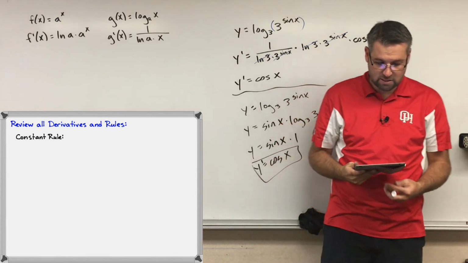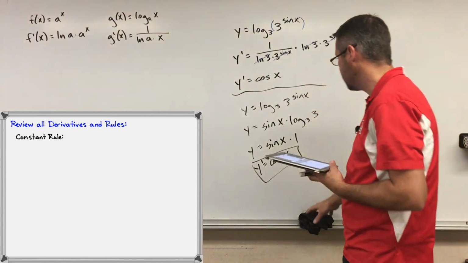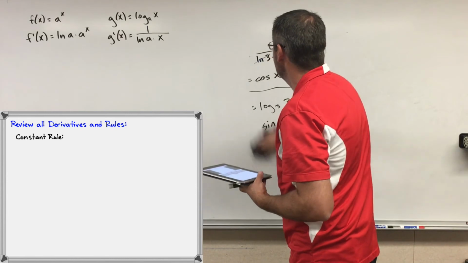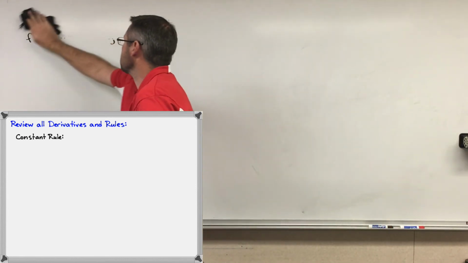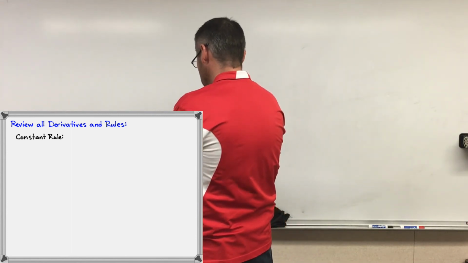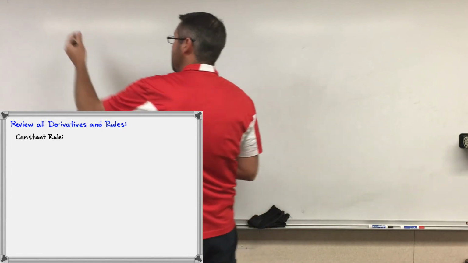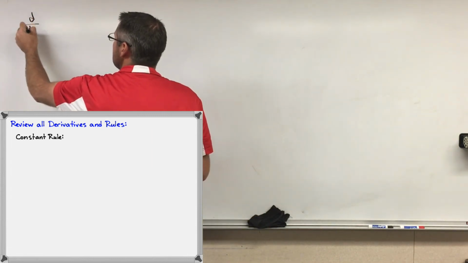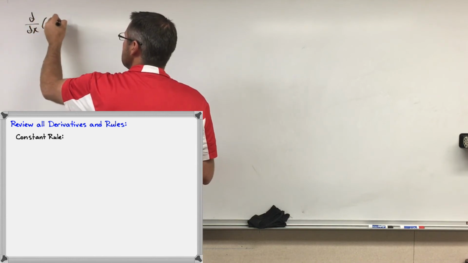The first one is the constant rule. What's the constant rule say? I probably should write all this down to make sure that everybody's on the right path here. The constant rule is basically that the derivative of a constant is 0, right?